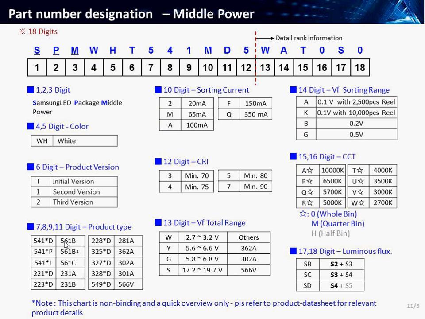Now, for the part numbers, I'm not going to go through these in full detail here. We will make them available when we send out the presentation. The idea is to take this and photocopy it, shrink it down, and put it inside your notebook, and it'll be a quick and dirty reference for what LEDs the customer is actually going to get, based upon the order code.